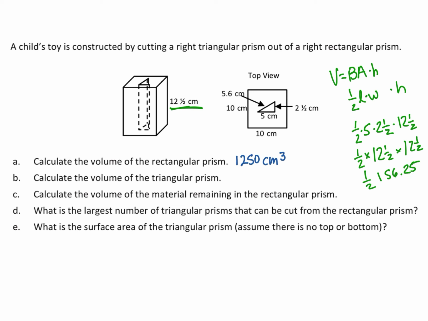And then we want half of that, which is 78.125, or 78 1/8. And that is also measured in centimeters cubed. And again, I'm going to erase this just so we have some more room for the rest of the problems.